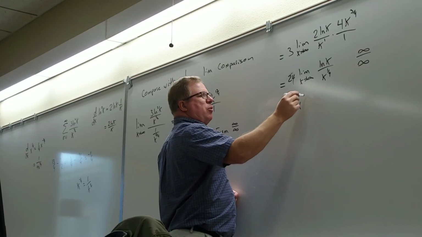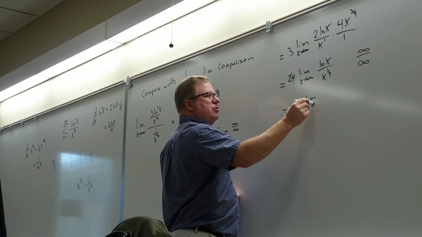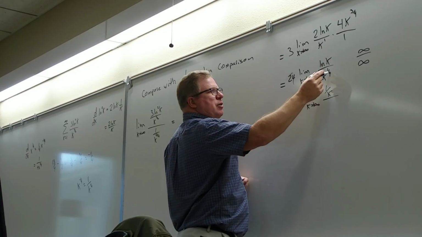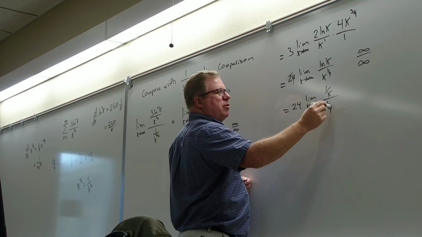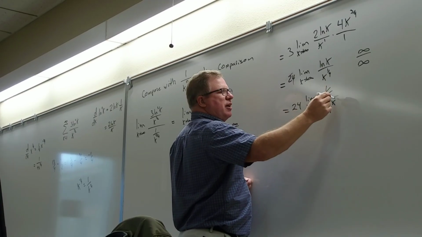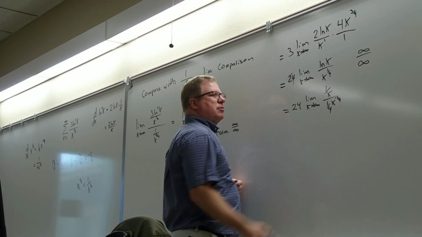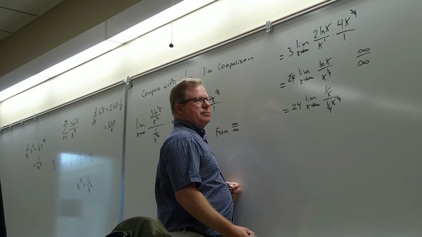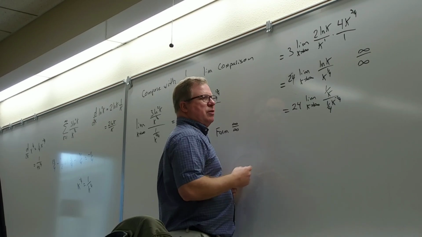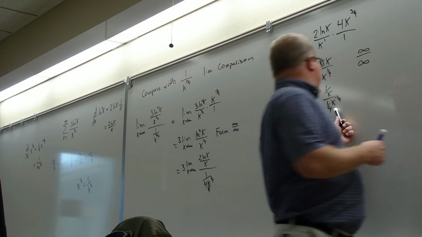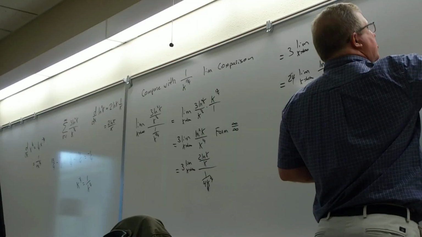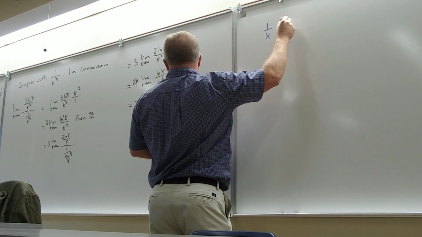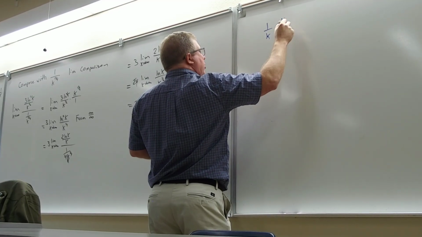So now we have 24, limit, k goes to infinity, 1 over k over, bring down the 1/4, 1/4 k to the negative 3/4. So let's do some scratch paper work with this. That's 1 over k times 4 over 1.